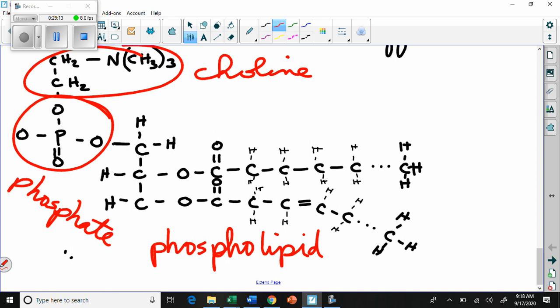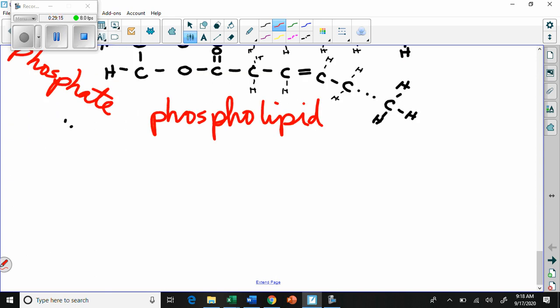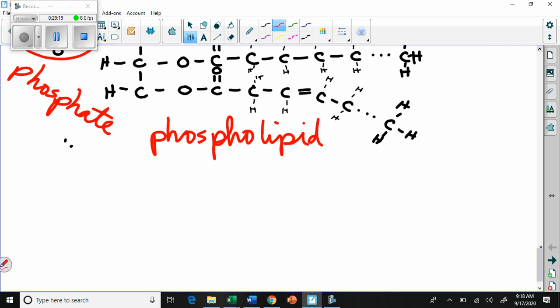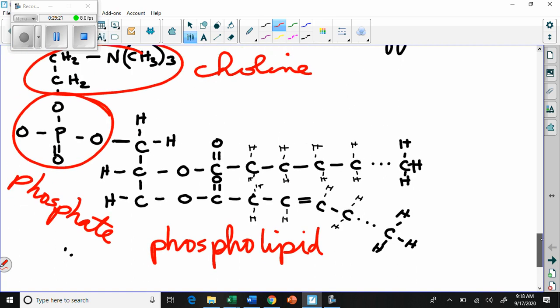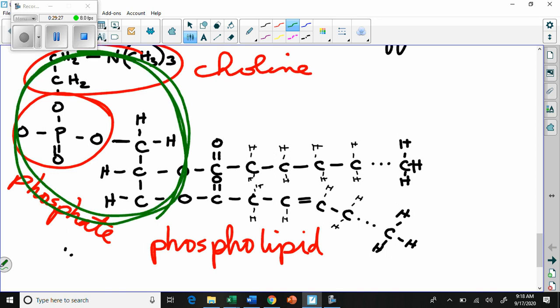And so what we do is we do a shortcut. Instead of drawing these huge big molecules, we take this part, which is like the head, and then we have these two long tails that stick out like this, and sometimes they're bent or straight.